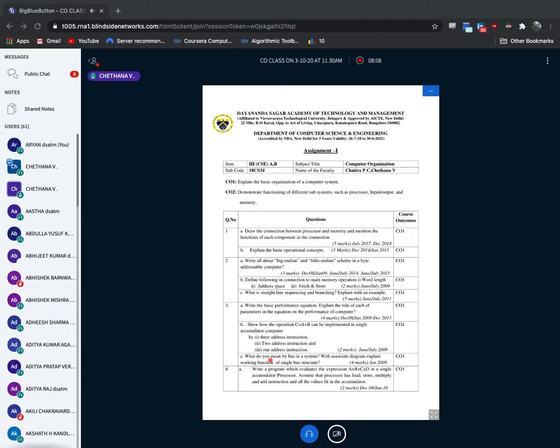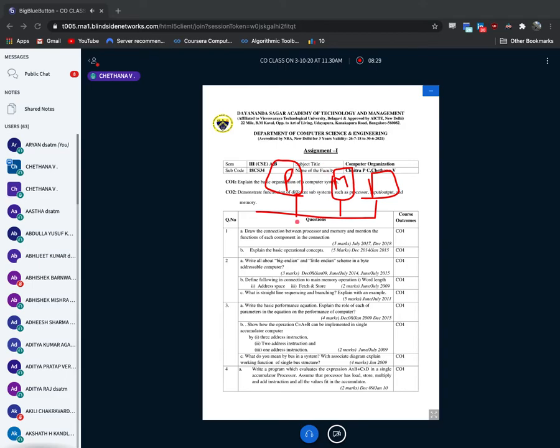And what do you mean by the bus system associated diagram? Single bus structure. It is very simple. So this is a single bus structure. This is known as the processor. This is known as the memory.